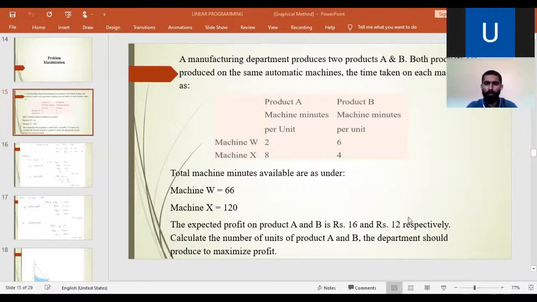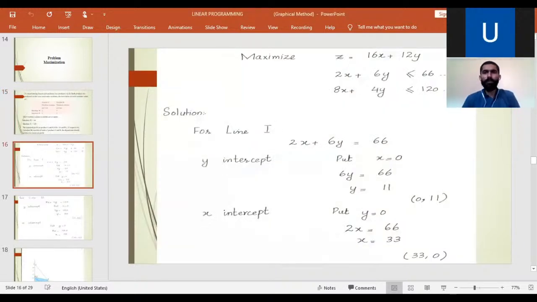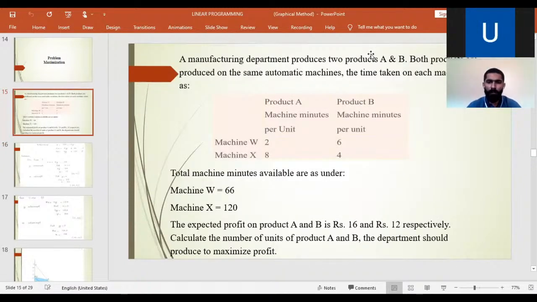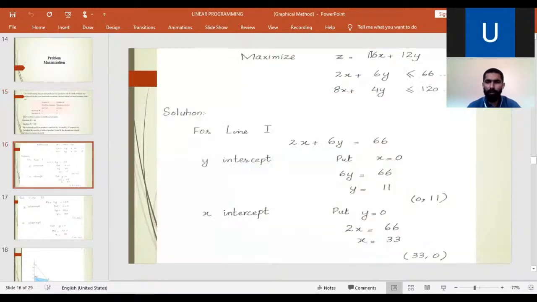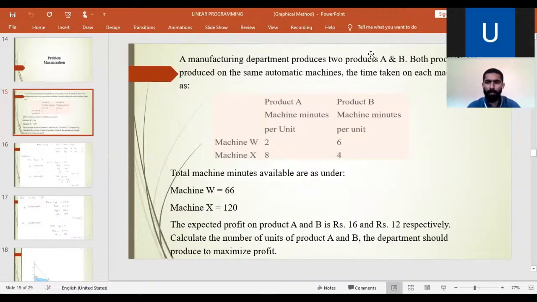We will change all these inequalities into equalities. First, as given above, we have an expected profit of product A equal to 16 and product B equal to 12.